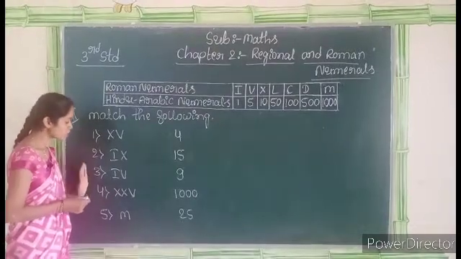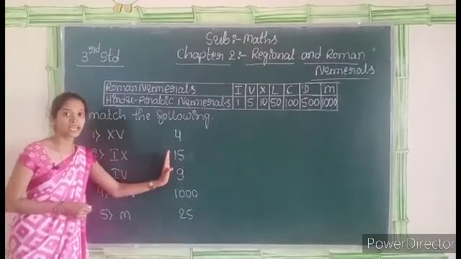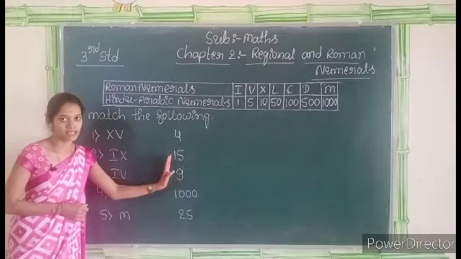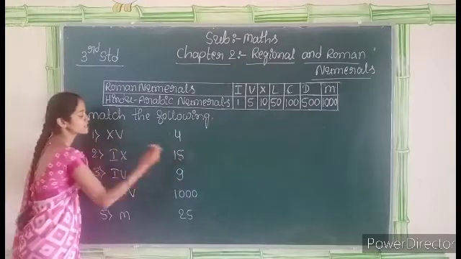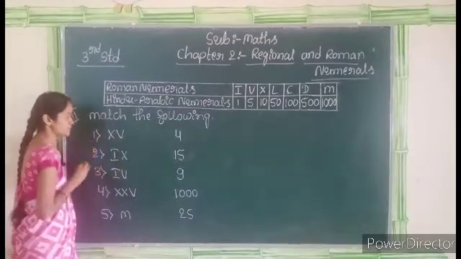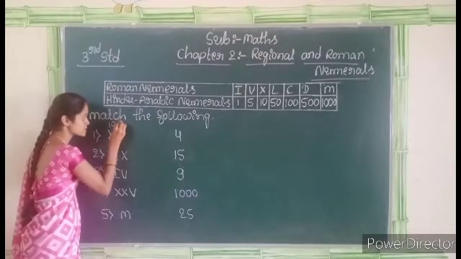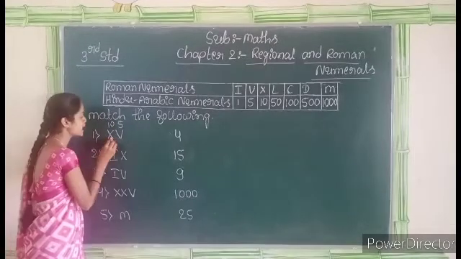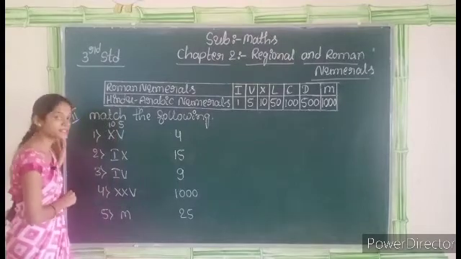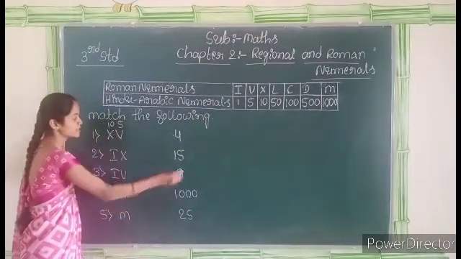See, in this column we can see the Roman numerals and in this column the Hindu-Arabic numerals. We have to match these two columns. XV: X represents 10, V represents 5, 10 plus 5, that is 15. In this column where can we see the 15? Here.